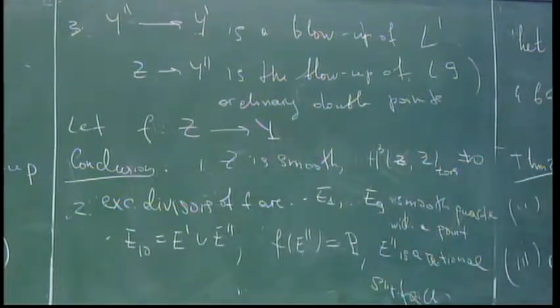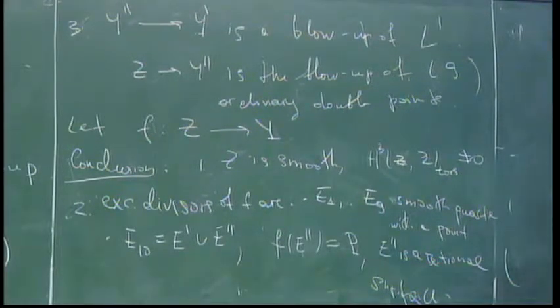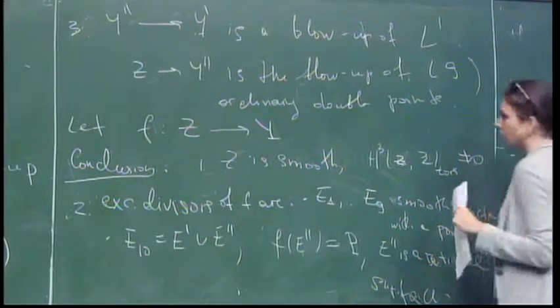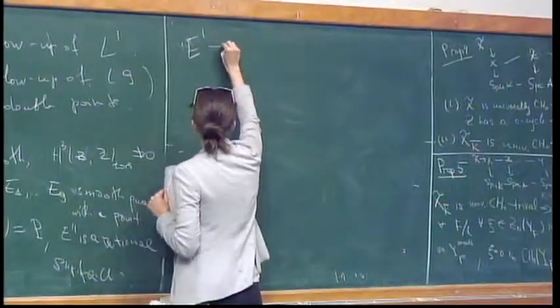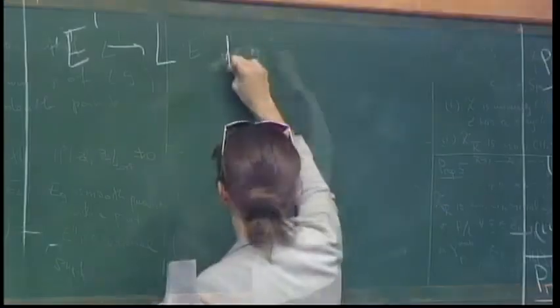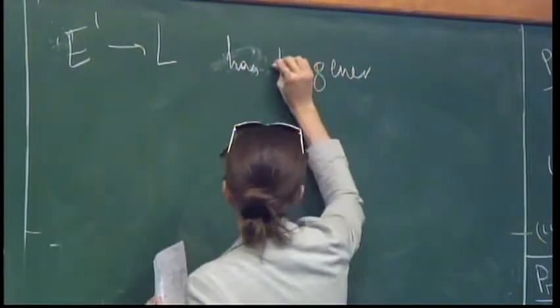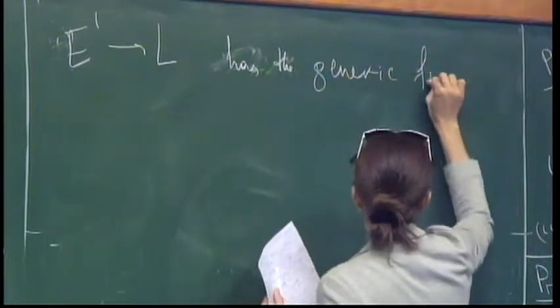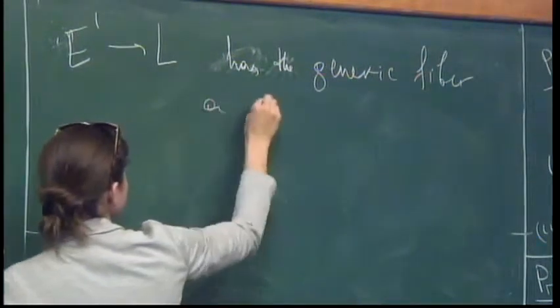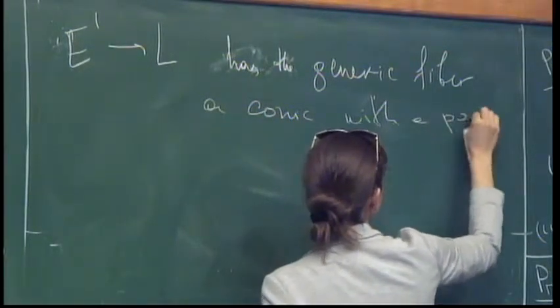And the second one is fibered over the line. And this one has a generic fiber, a conic with a point. And it's also smooth.